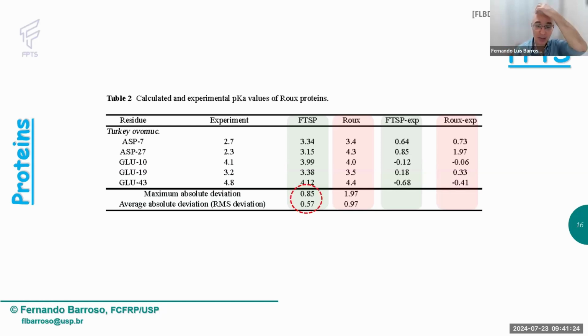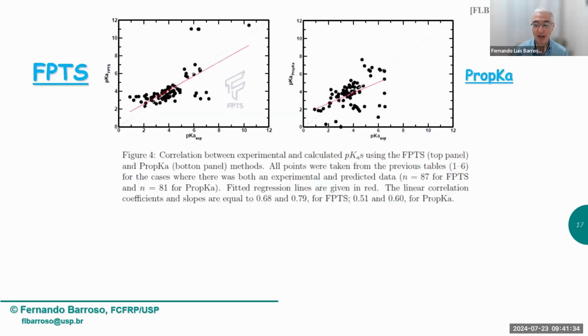For instance, in this comparison with another available approach that is much more computationally costly, you can see that our results are much better. But there are other systems where we are not going to do so well. I took a comparison here with PropKa, for instance. PropKa is very fast: essentially, you put your PDB there, press the button, and get the results.